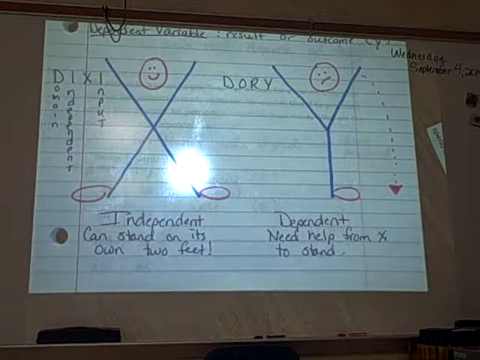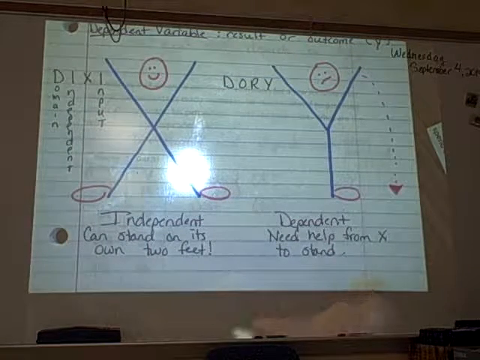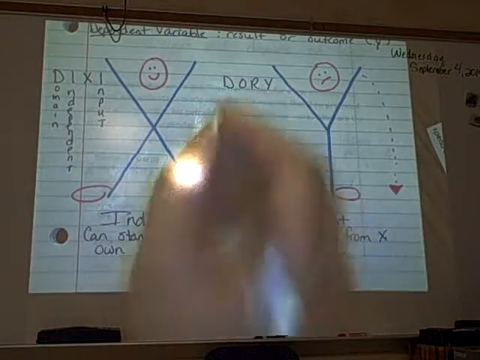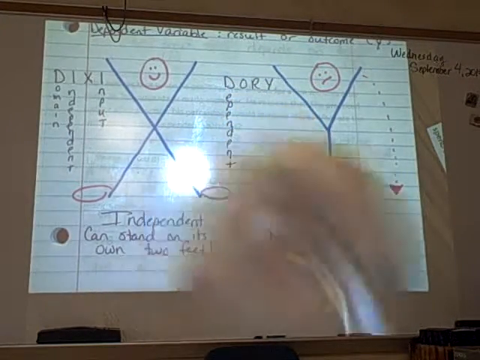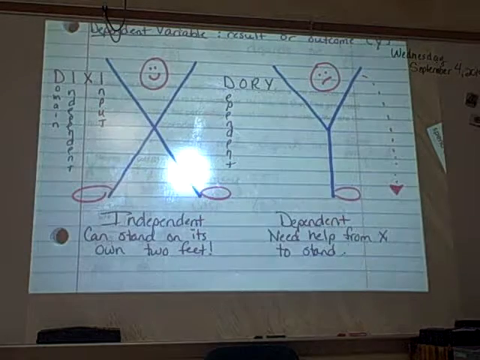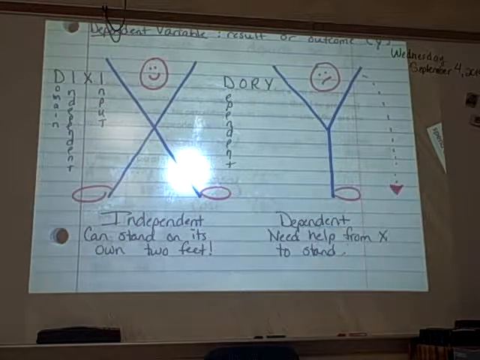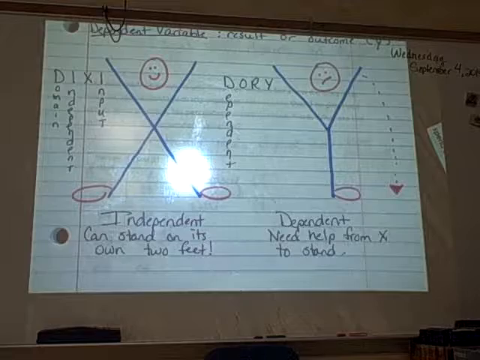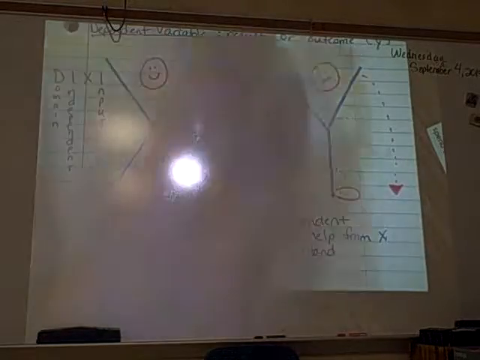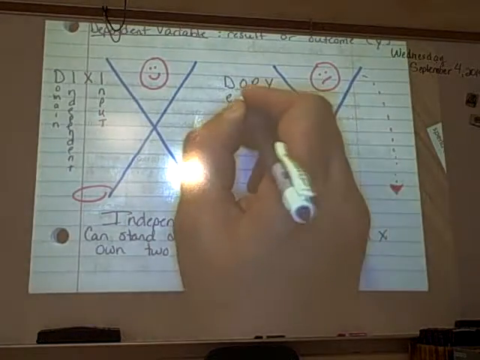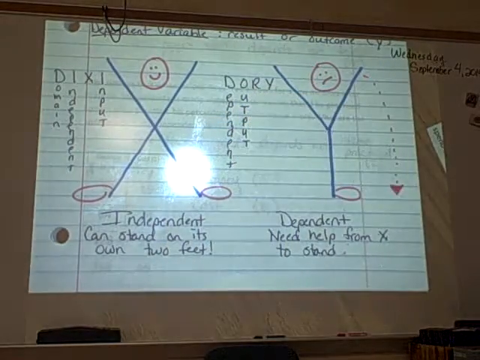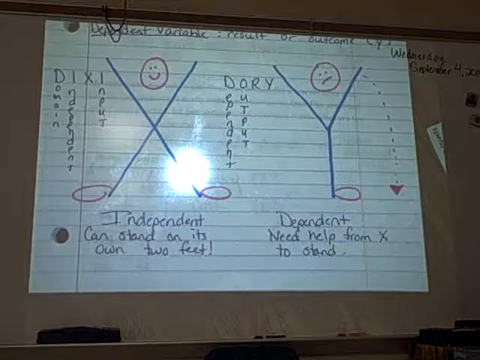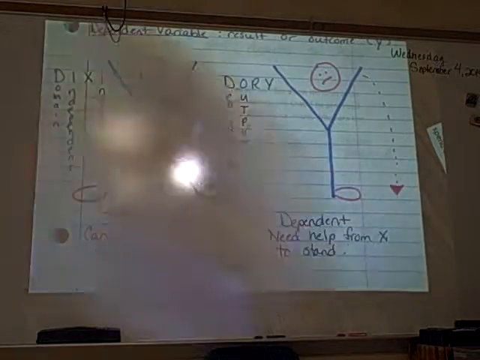And then Dory. What would the D stand for on Dory? Dependent. What about the O? Output. What's R? R is one we just learned. Range. There we go.